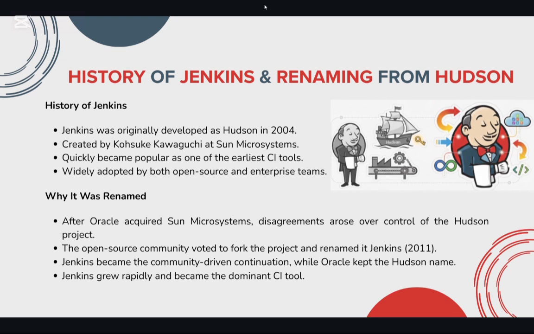As a result, the open source community voted to fork the project and rename it Jenkins in 2011. From that point forward, Jenkins became the community driven continuation, while Oracle retained the Hudson name. Jenkins ultimately grew much faster and became the dominant CI tool globally.